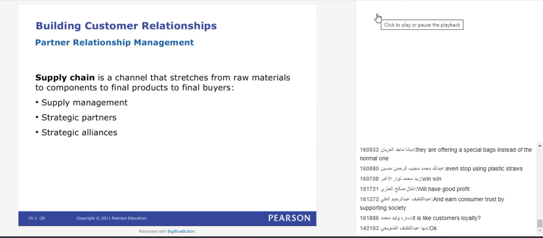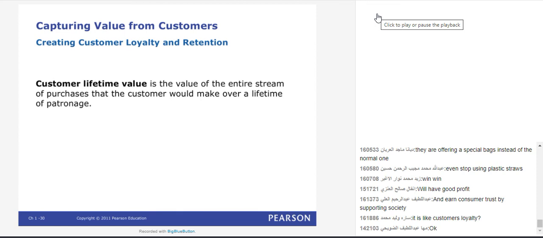Okay. We now move to a very important topic in our discussion. While doing the partner or the customer relationship, we wanted to discuss customer loyalty and how we retain customer value. But before, anybody has any question?